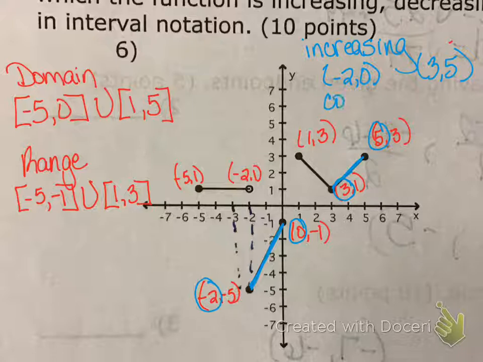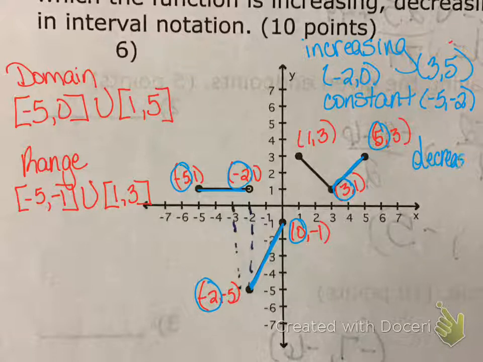Let's do our constant next. That means it's not changing. It's a flat line. This is where we're at a constant. Looking at my x values only, so I've got -5 and -2. That's where I am constant. My last one is decreasing.